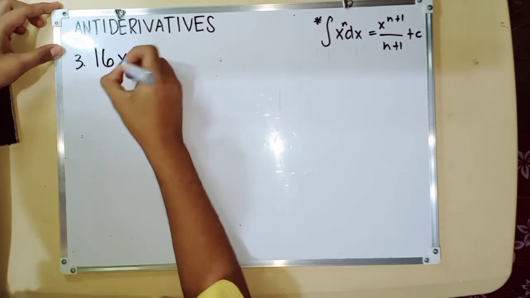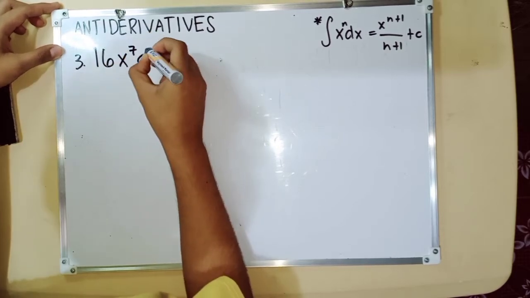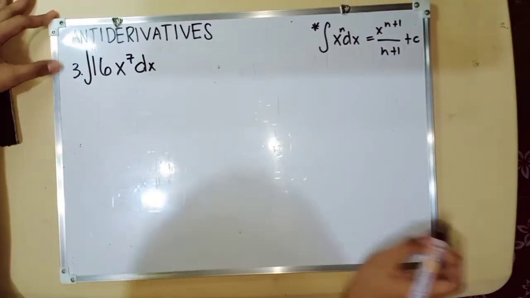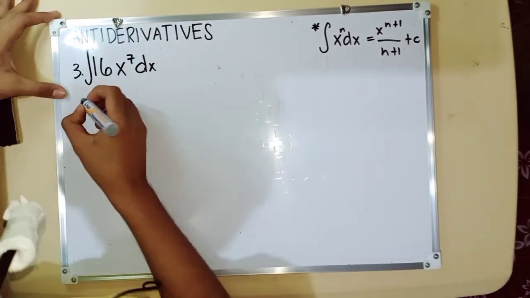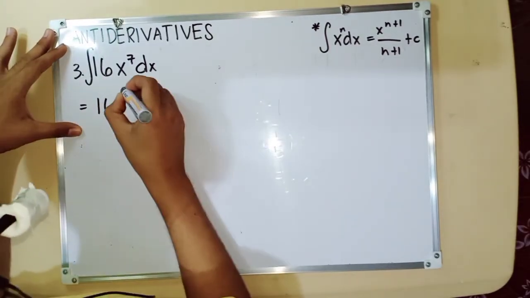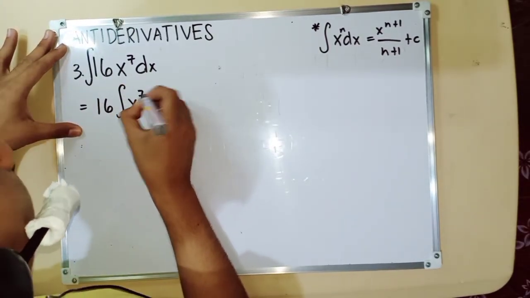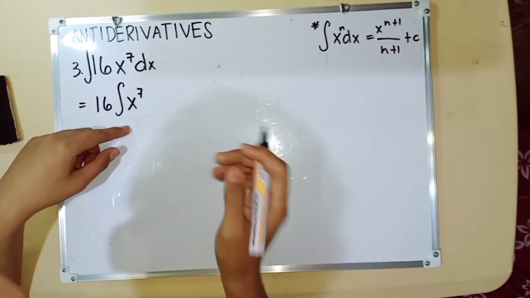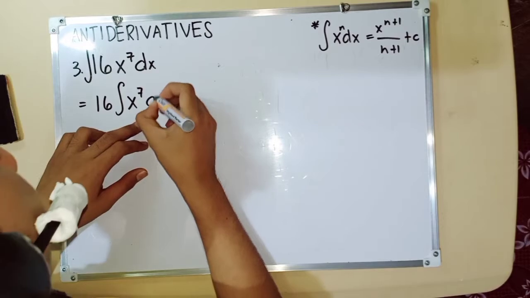Integral of 16 x raised to the power of 7 dx. So, ang gagawin natin dito, para hindi tayo malito, ay ilalabas muna natin yung 16. Ayan. Para ang matitira na lang sa loob ay ang integral of x raised to the power of 7.